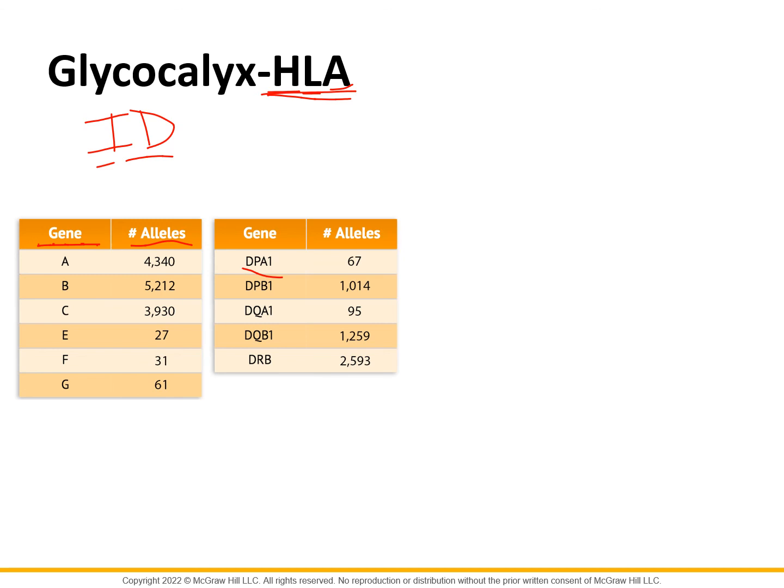Like for eye color, basically two alleles, brown eyes and blue eyes. These are the different options for the genes, and there are lots of different options. For A, there are about 4,000 options. B, there are 5,000 options. C, 3,000 options, and so on. What this means is that there are a wide variety of combinations you can get with HLA, and so everybody has their own unique HLA composition.